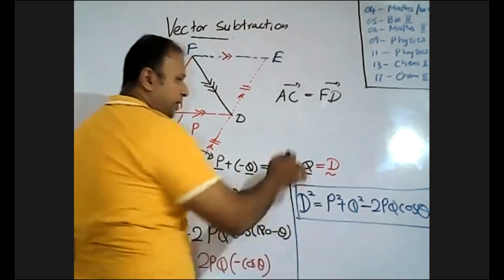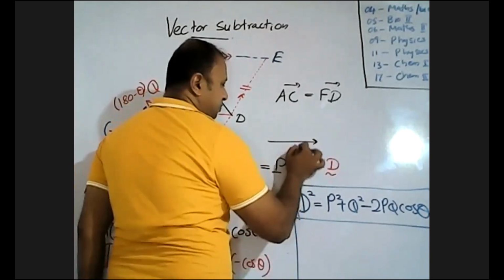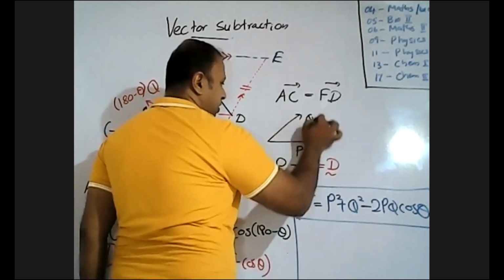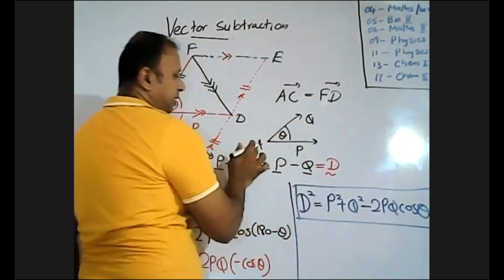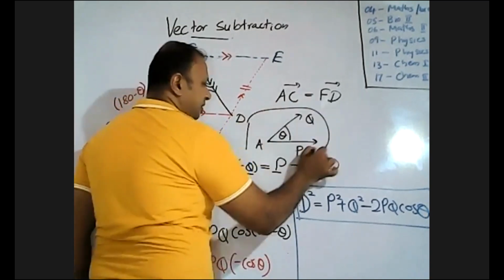Draw this figure only. This is P. The angle is theta. The point is A.